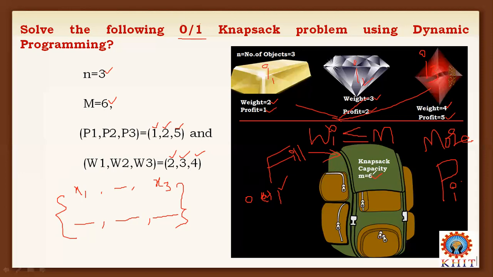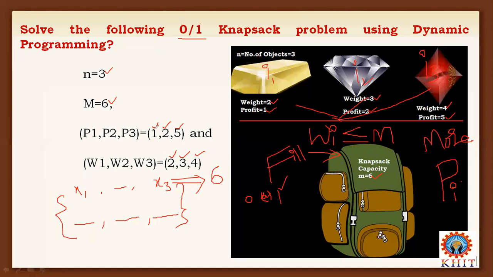So 6 kg is less than or equal to m. So this is possible. If I fill the knapsack with the complete x1 item and complete third item, and do not select the second item, the profit I can get is 1 plus 5, that is 6.